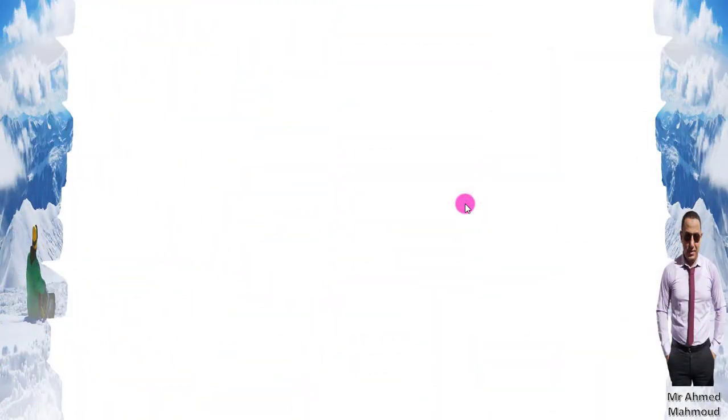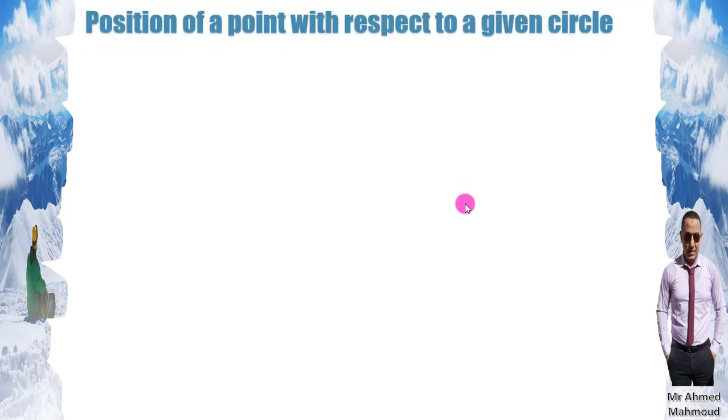First, we are going to study the position of a point with respect to a given circle, like this. We have three positions of the point related to the circle. The first position: if the point is like this, we can say that this point A lies outside the circle.